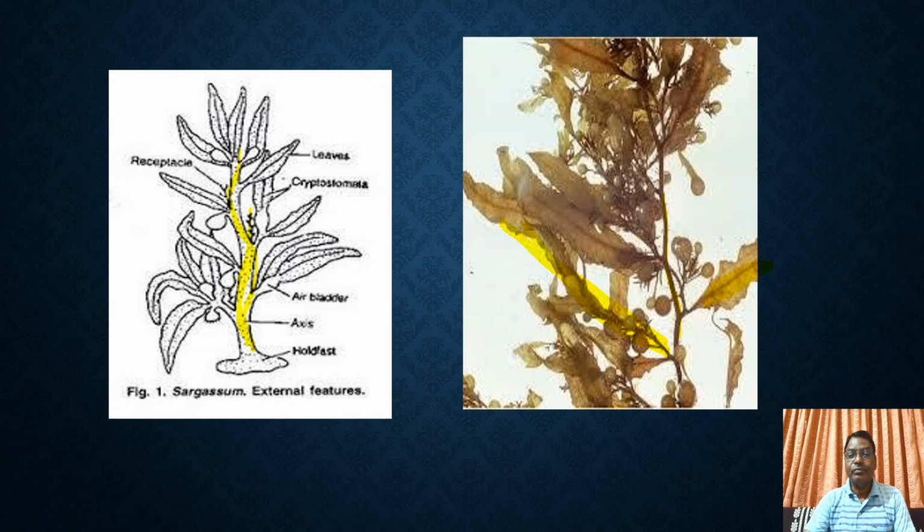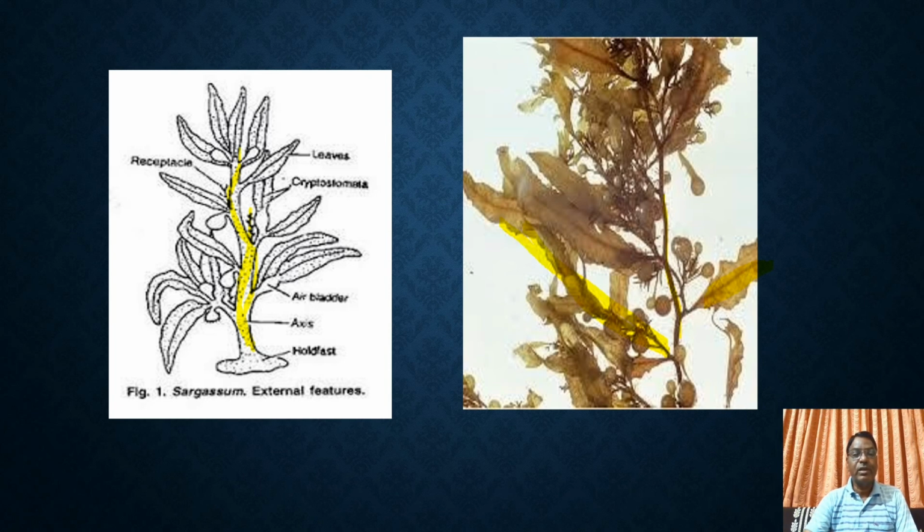Here you can observe the much branched, dichotomously branched, filiform or finger-like structures that are directly produced on the main axis, or they may be produced in the axil of secondary laterals, directly on the main axis or sometimes on the secondary axis also. This repeatedly dichotomously branched structure is called the receptacle.